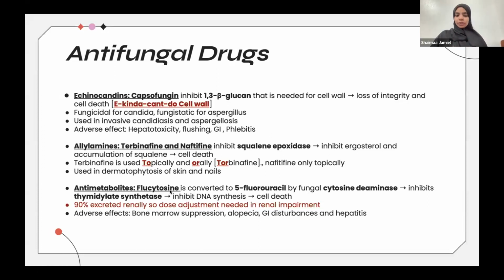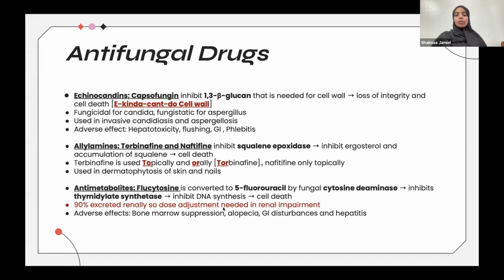Then we have flucytosine, which is an antimetabolite. It's gonna change into 5-fluorouracil by the enzyme cytosine deaminase. So 5-flucytosine, you remove the amine by cytosine deaminase, make it a uracil, so it becomes 5-fluorouracil, and this is in the fungal cell. This is going to inhibit thymidylate synthase, which is going to inhibit DNA synthesis and cause cell death, basically.